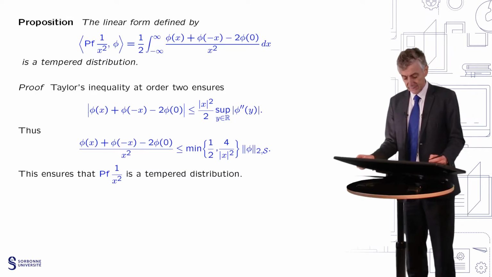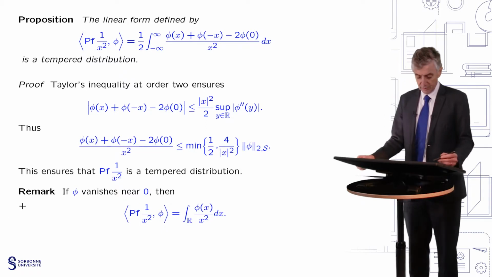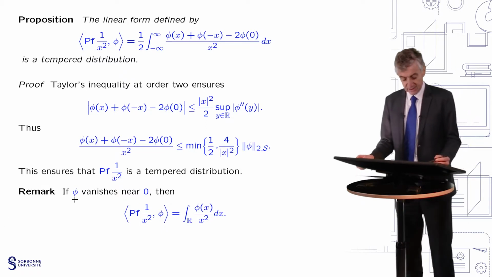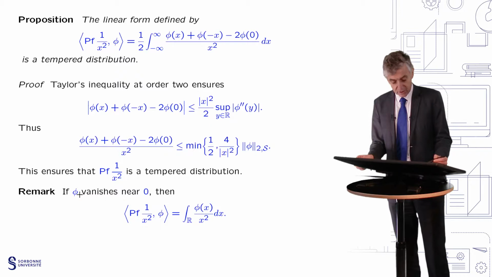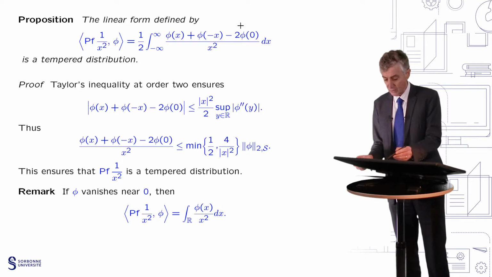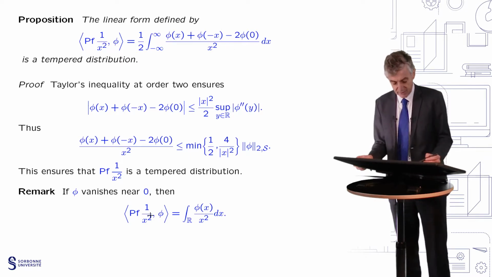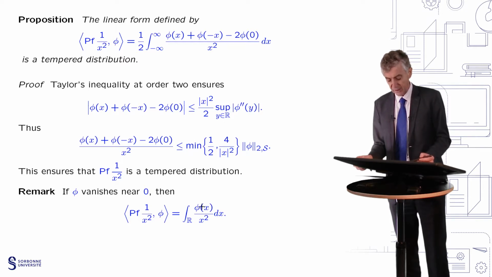Well, now we are going to make the following remark, that if phi vanishes near 0, of course this term does not appear, and again changing variable x into minus x, it turns out that the finite part of 1 over x squared applied to phi is equal to the integral of phi of x divided by x squared.